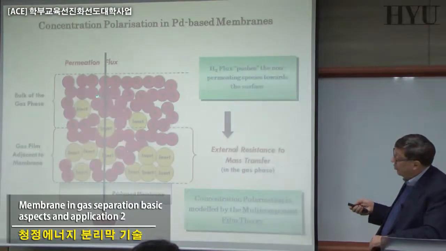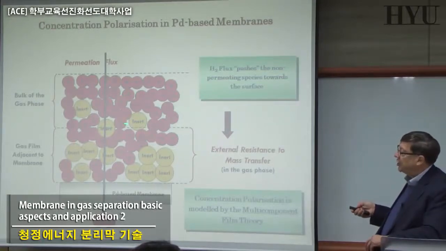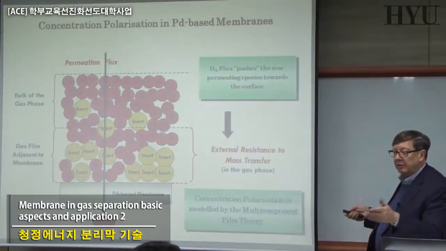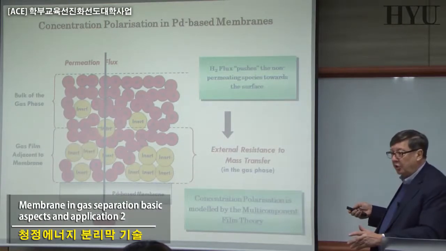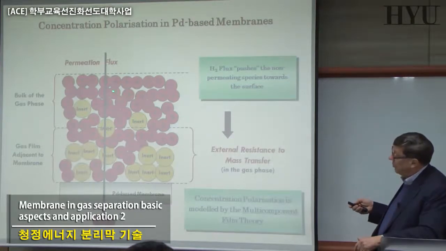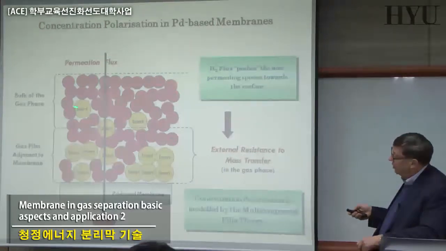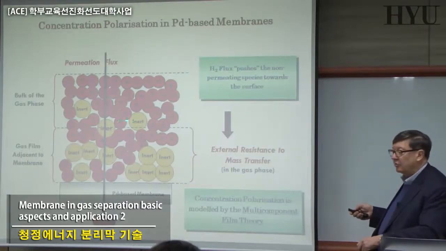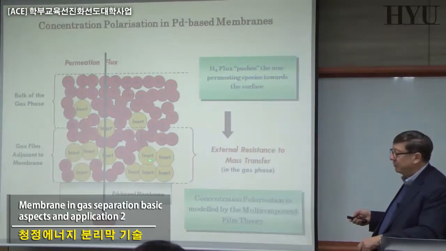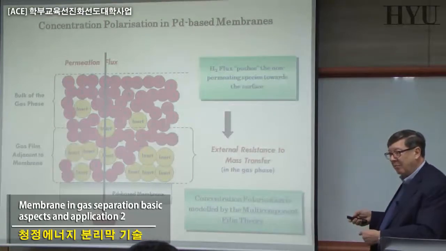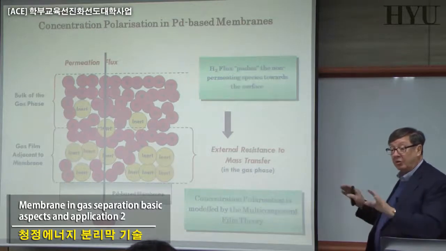What is happening normally is that you can have your hydrogen, and together with hydrogen you can have some inert chemicals: nitrogen, CO2, oxygen, something that we can call inert. So in this case, the kind of phenomenon you can have is a normal concentration polarization. You can have a situation in which the inert, which was at relatively low concentration in the feed, at the interface is well rejected by the membrane, and palladium membranes, remember, are permeable only to hydrogen in principle.